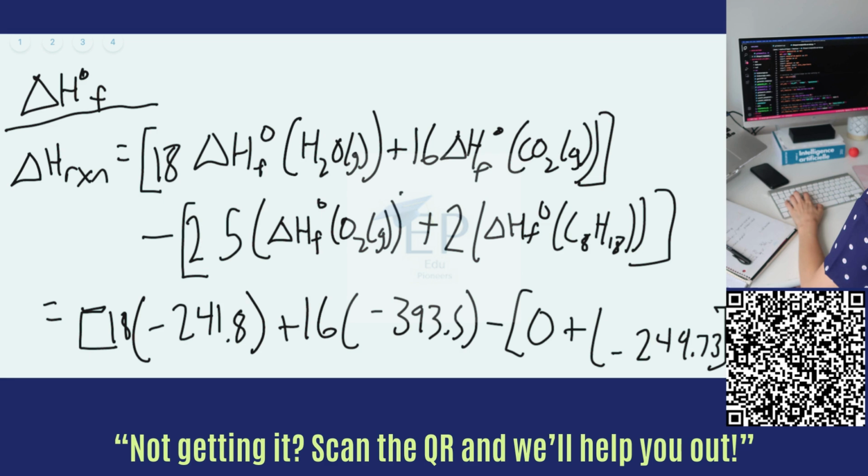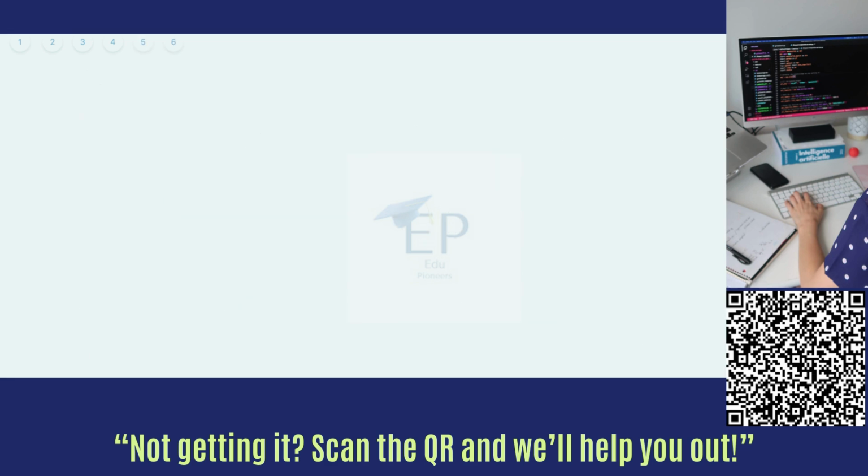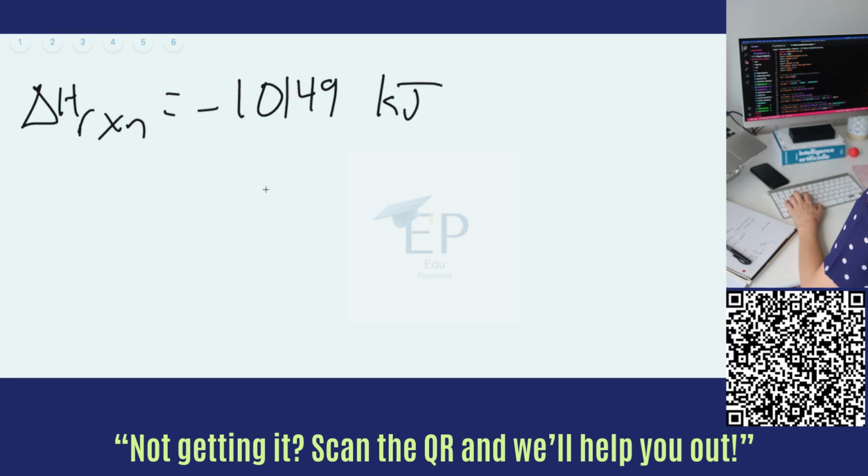And so when we combine these and add them together and subtract, we get that the delta H of reaction using this method is negative 10149 kilojoules. And so now we have our two answers with our two different methods.